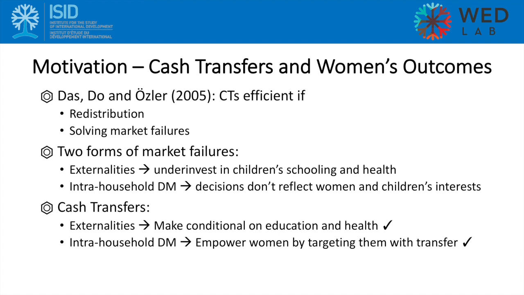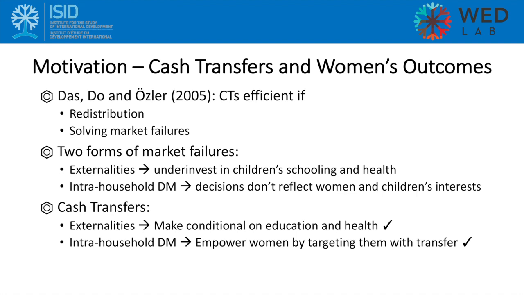The notion here is that maybe for some reason families are underinvesting in schooling and children's health, for a number of possible reasons. Maybe they don't have the information, maybe they're not aware of the returns to investing in schooling. And so maybe this cash transfer, if it's conditional on children going to school, can be a bit of a course correction so that we can induce households to do the more socially optimal thing, which is to invest more in their children's schooling and health.